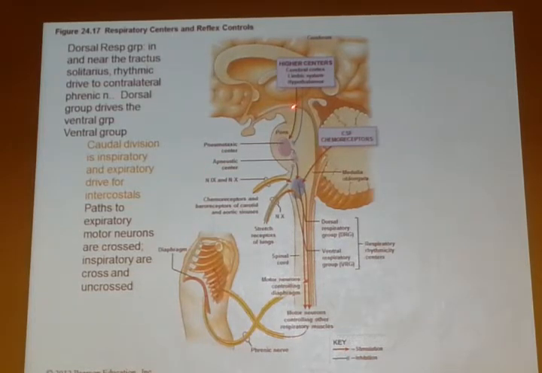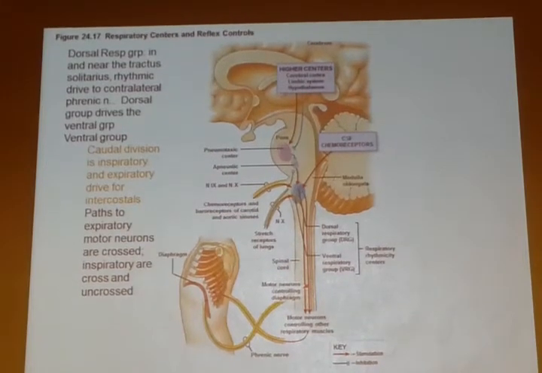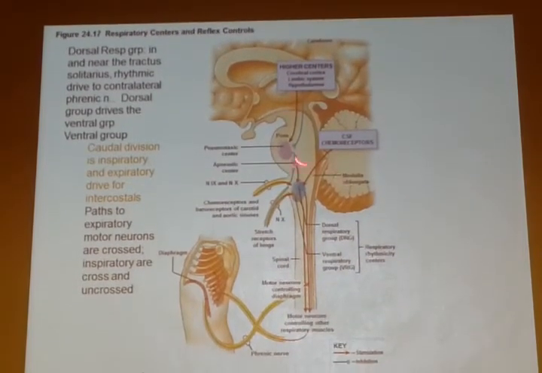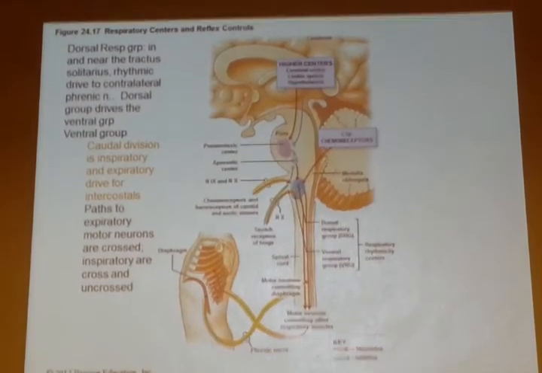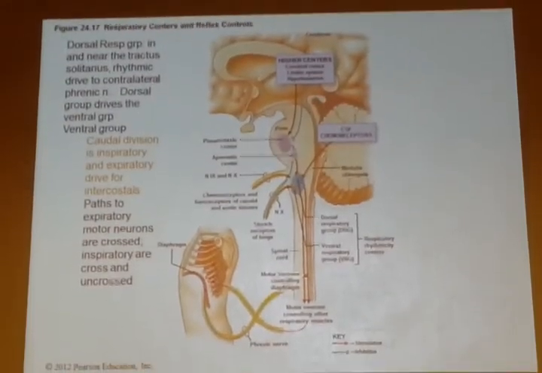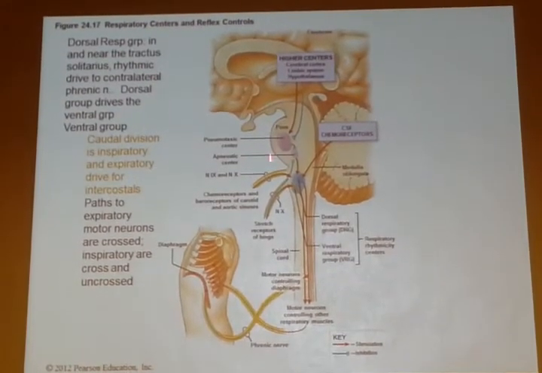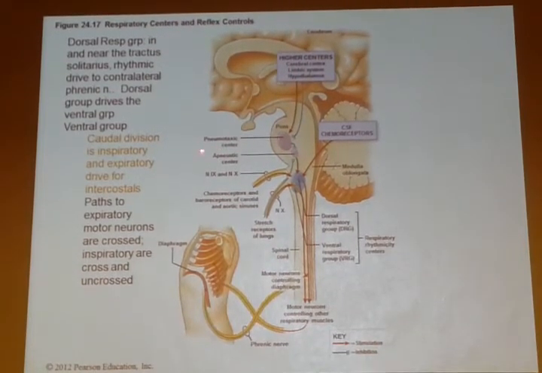Okay, so with higher centers, you can manipulate your breathing. Your emotions will manipulate your breathing, whether you want them to or not. The hypothalamus usually is just responding to information that's sent to it, what the blood concentration of CO2 and O2 is. They will send action potentials to the pneumotaxic center.